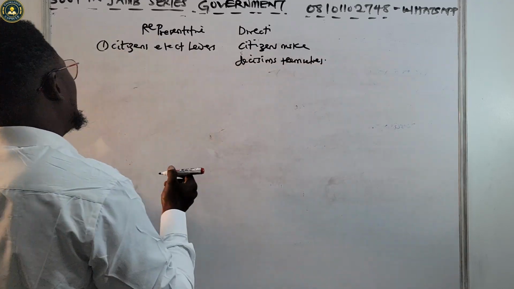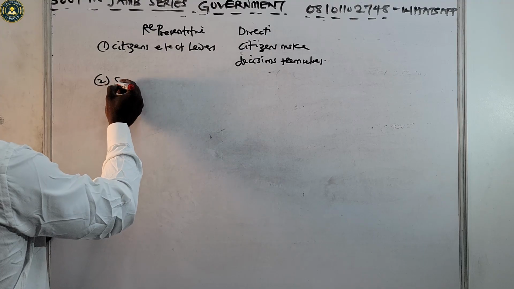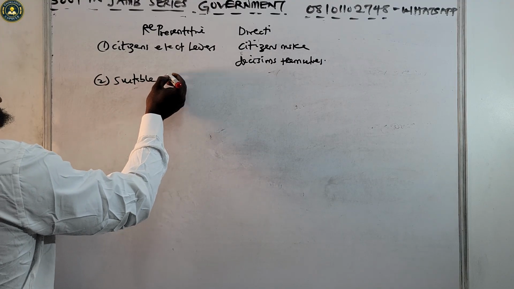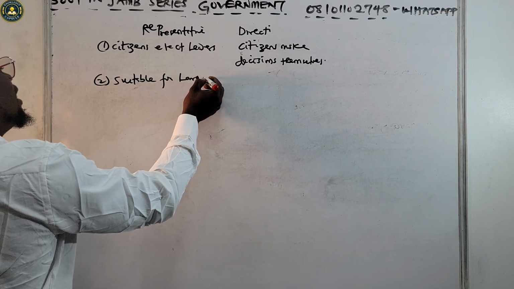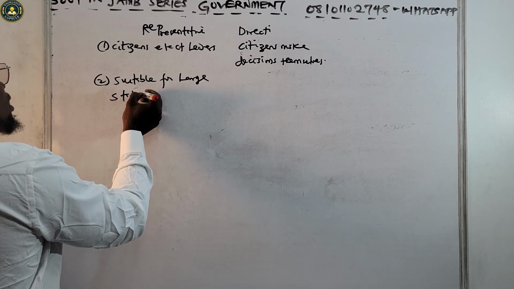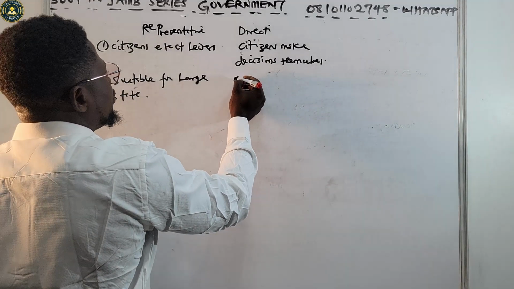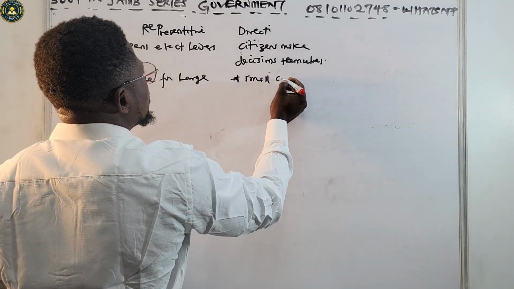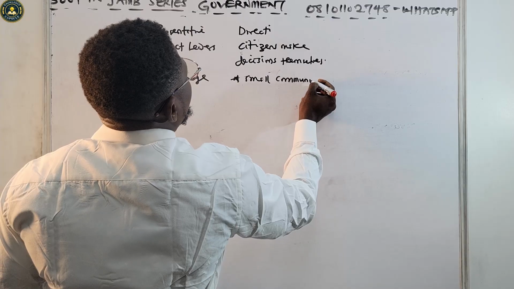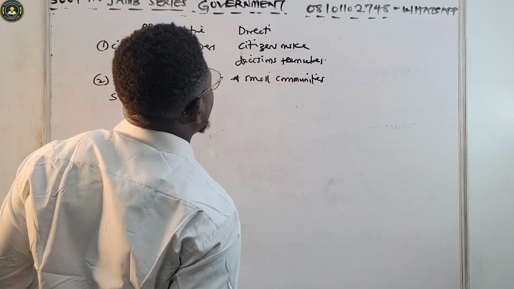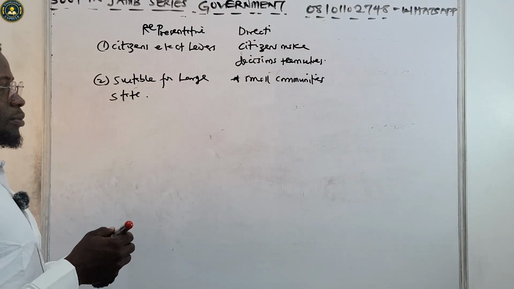Representative government is suitable for large states, while direct government is usually suitable for small communities.